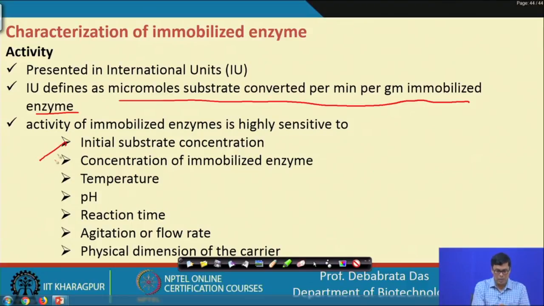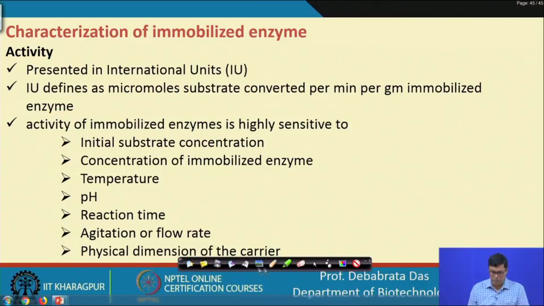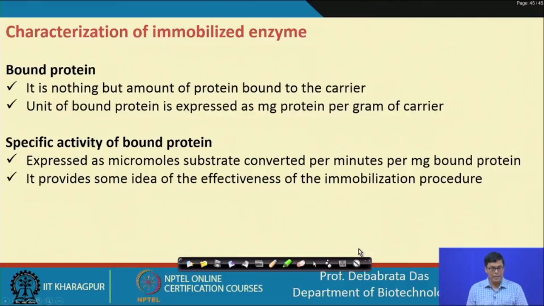One is the initial substrate concentration, temperature, pH, reaction time, agitation or flow rate, and the physical dimension of the carrier. So, there are several factors that affect it, and the characteristics of the immobilized enzyme also depend on other factors like bound enzyme concentration.